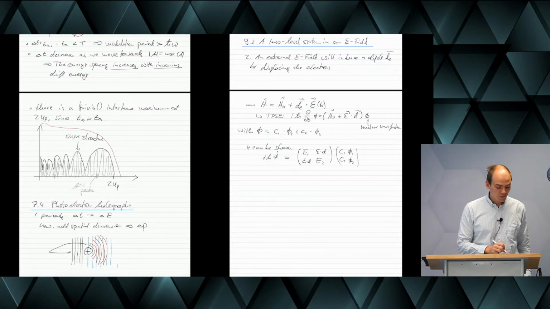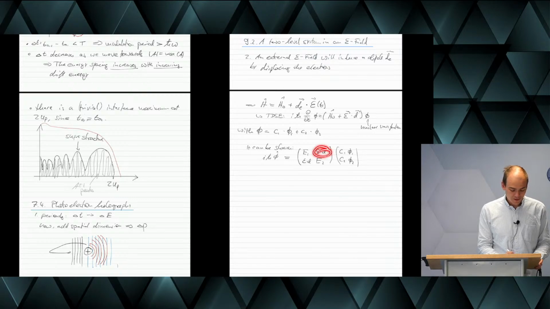Now if you consider that E times D, that the electric field, is 0, then you simply get, I guess I should better write this as phi 1, phi 2. So this, of course, is the time derivative.